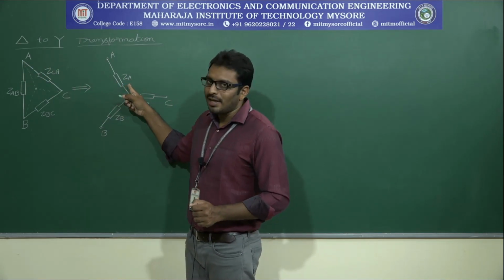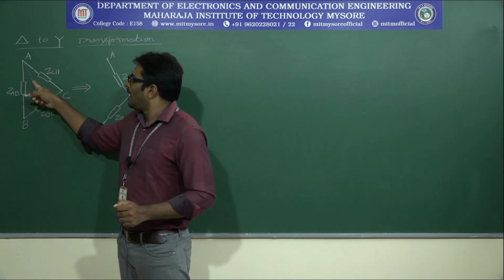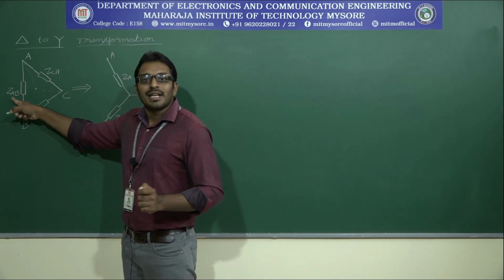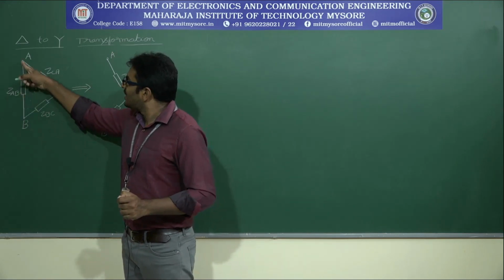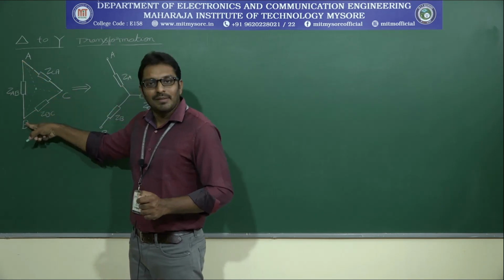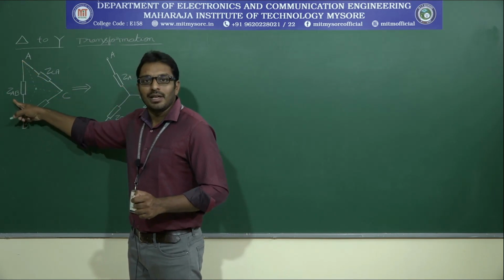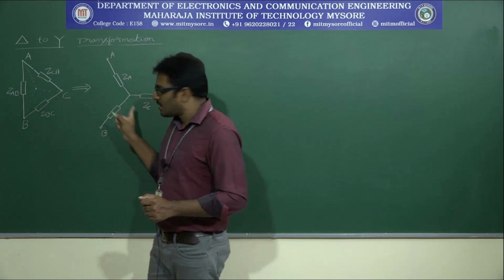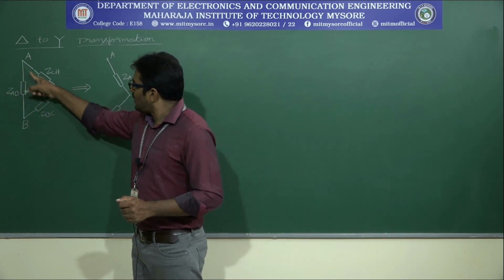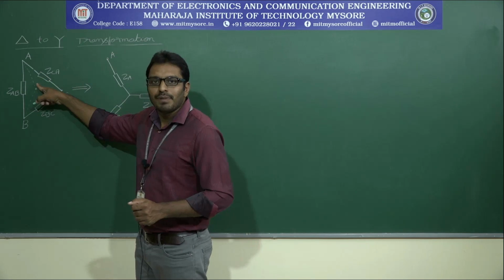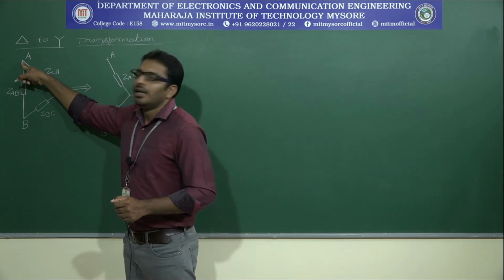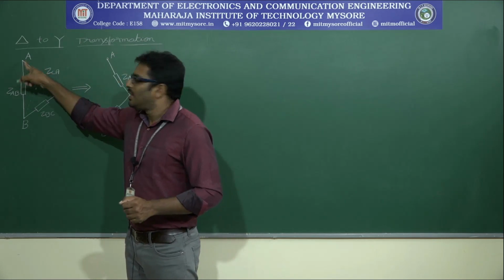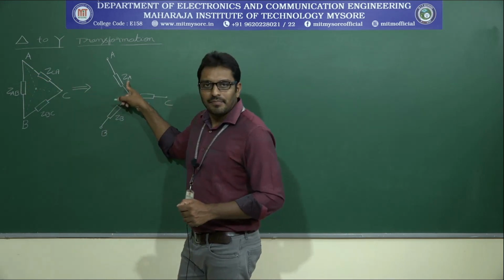ZA means the impedance connected to A. Why is it called ZAB? Because this impedance is connected in between A and B. Once it is replaced by a star connection, this impedance is connected only to terminal A.